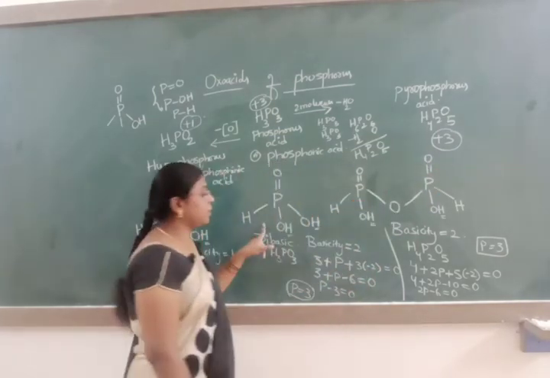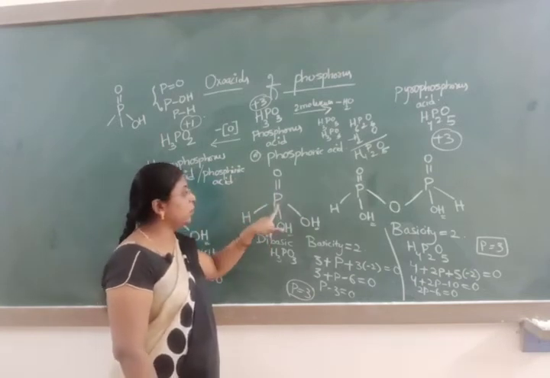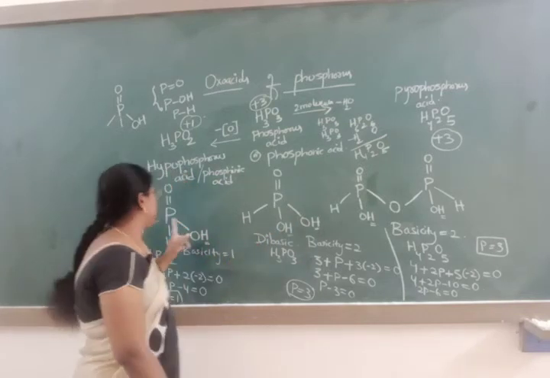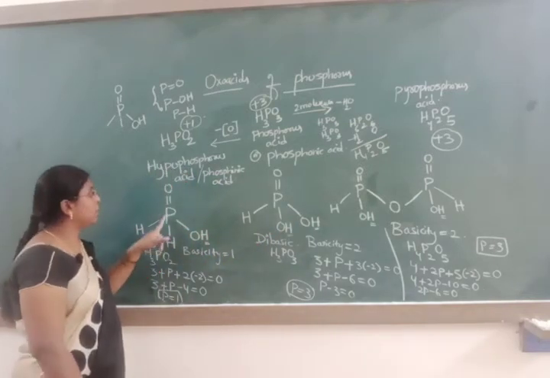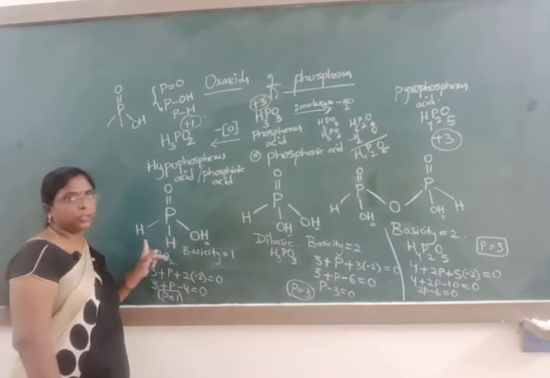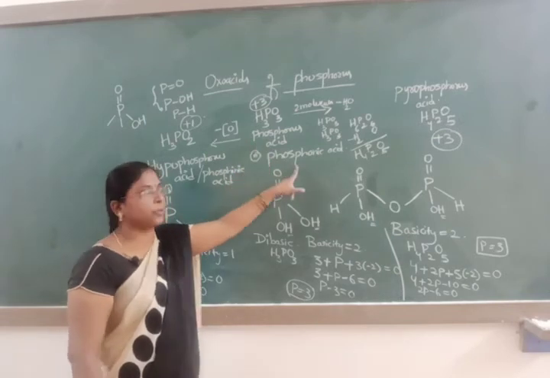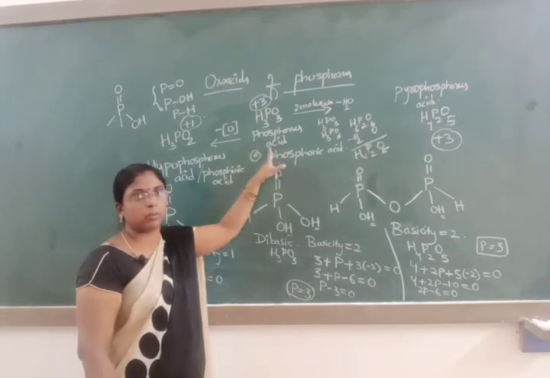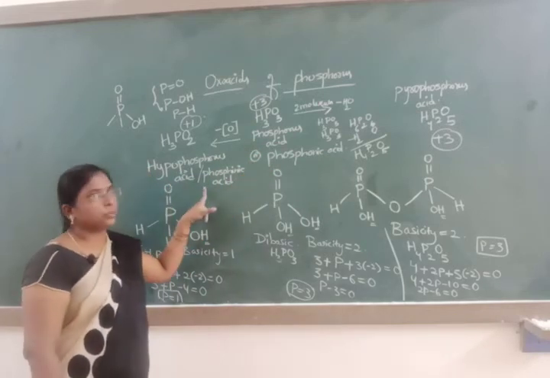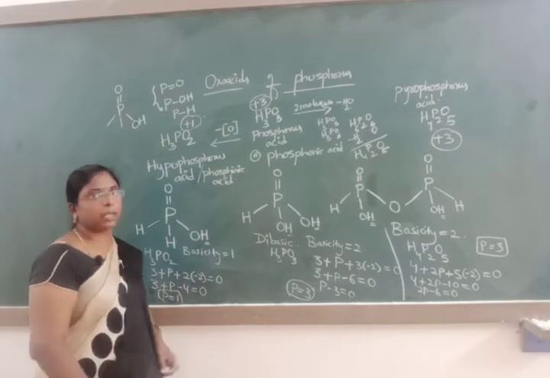In phosphorus acid, the characteristic bonds are one PO bond, two POH bonds and one PH bond. Phosphorus acid is also known as phosphonic acid, also known as orthophosphorus acid. Hypophosphorus acid is known as phosphinic acid. This is regarding the phosphorus acid.